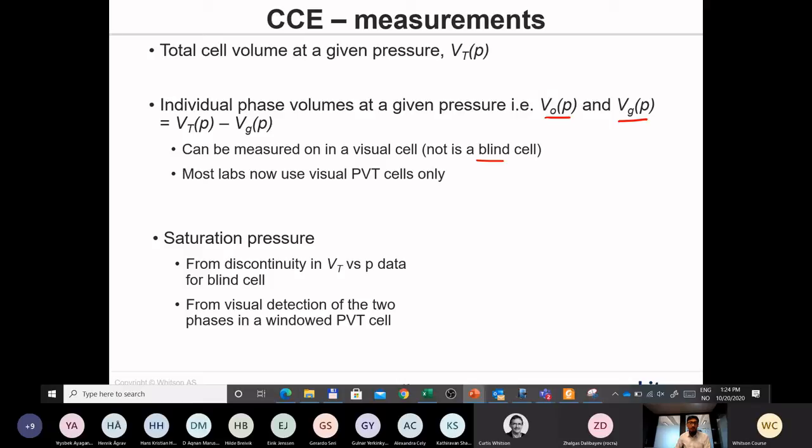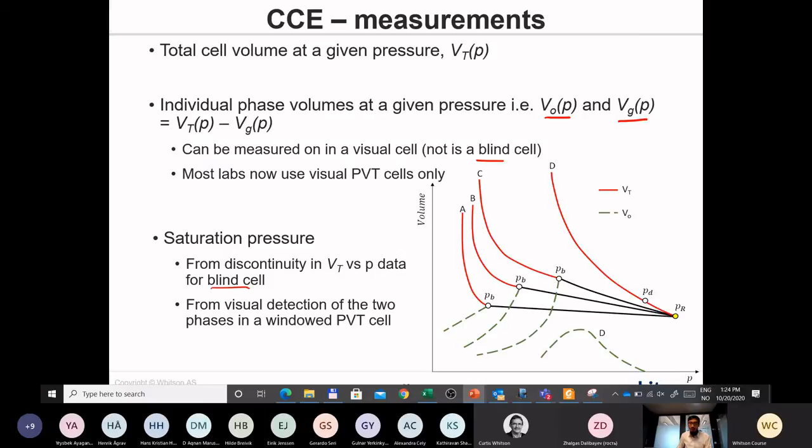The saturation pressure can be measured from the discontinuity of the total volume measured versus pressure data, and this is generally for the blind cell. What do we mean by that? If we look at this figure, which shows the total volume of the cell versus pressure for different fluid systems, we have A, which represents a very low shrinkage oil.